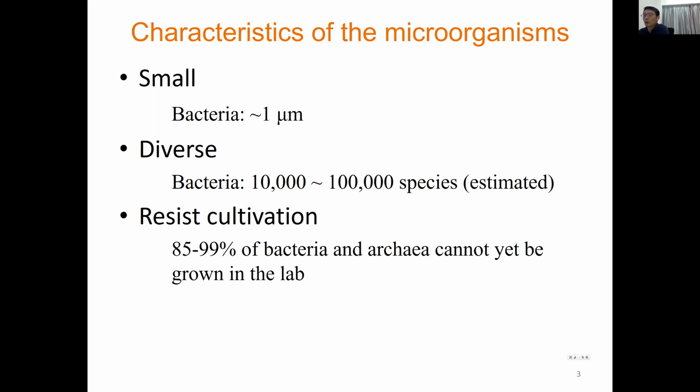Therefore, we cannot use a microscope because under a microscope they look similar, and we cannot distinguish them. Moreover, many of these bacteria cannot be isolated in the lab. That means we cannot get a pure culture. And therefore, it is difficult to study them with the traditional microbiological methods.